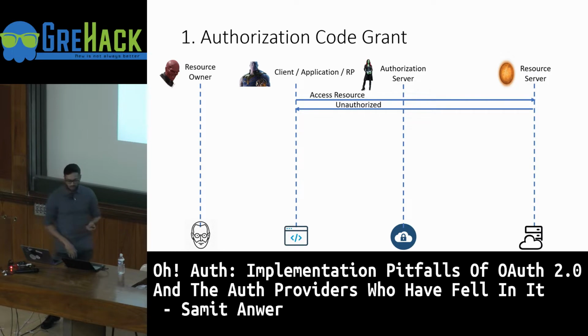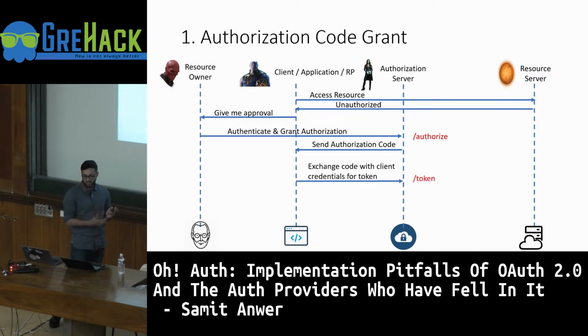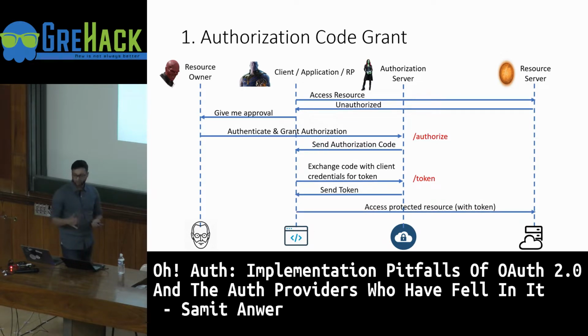So the client then redirects the end user to the authorization server, where the end user is going to authenticate and grant the authorization. And once the auth code is generated and sent back to the client, we know that the client will now exchange this for an access token at the token endpoint, get back the token, and finally hit the resource endpoint with the token and get back the resource.